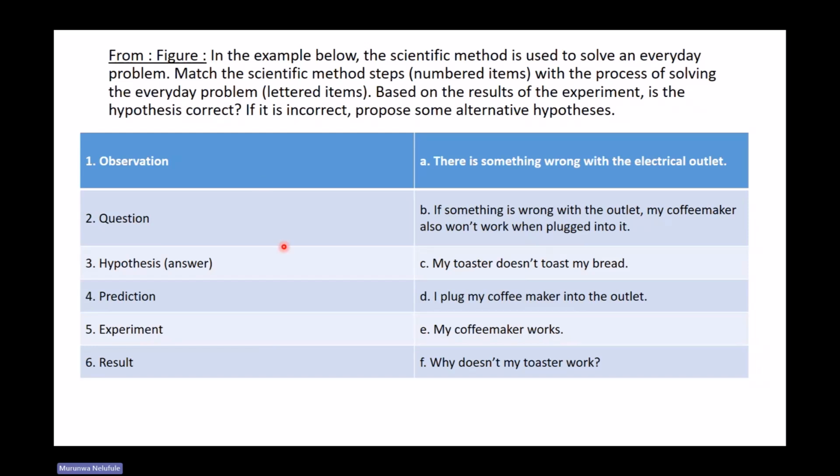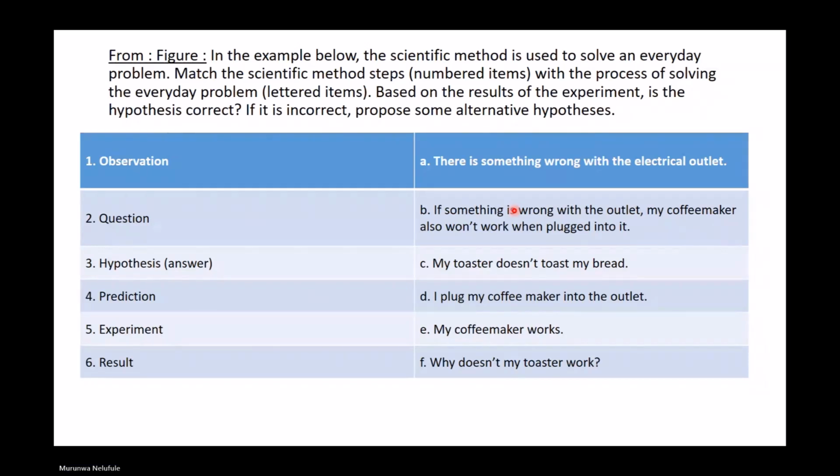These are the scientific method steps with the process of solving an everyday problem. These ones on your right hand side. But the second part of the question says, based on the results of the experiment, is the hypothesis correct? If it's incorrect, propose an alternative hypothesis.